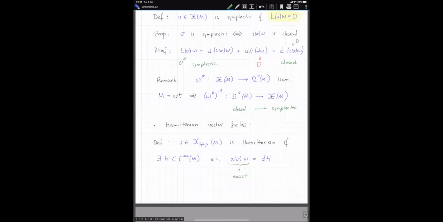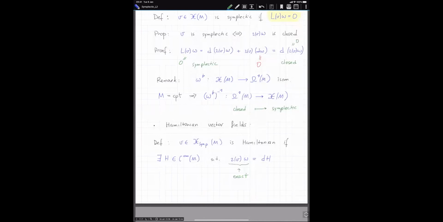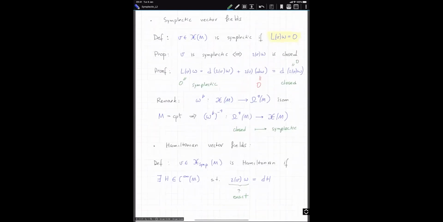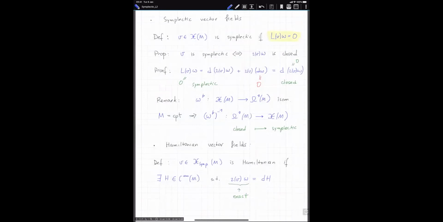Excuse me, I'm still a bit confused about the previous definition of a symplectic vector field. Do we assume the manifold to be symplectic in the first place? Yes, absolutely. And then I don't really understand what was said about omega flat. Oh yeah, I understood, because omega is a two form, but not a one form.